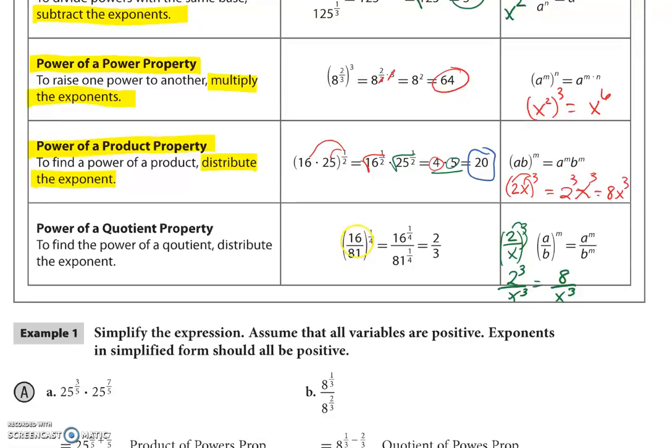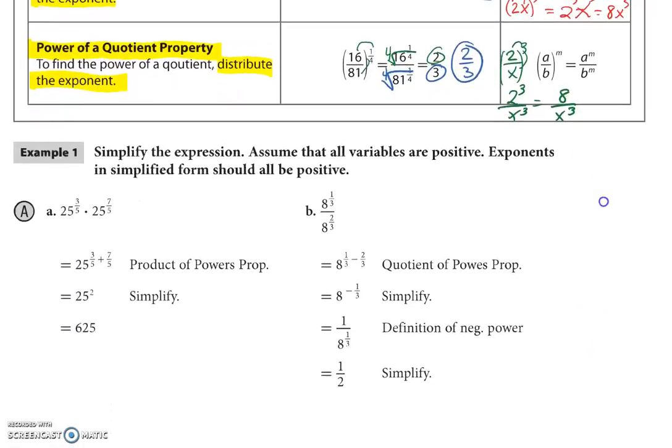And so let's do the same thing here. We have 16 over 81, all to the power of 1/4. Let's distribute that to the numerator and the denominator. And then the 4th root of 16 is 2. And the 4th root of 81 is 3. So my answer is 2/3. So for a power of a quotient property, you distribute the exponent.